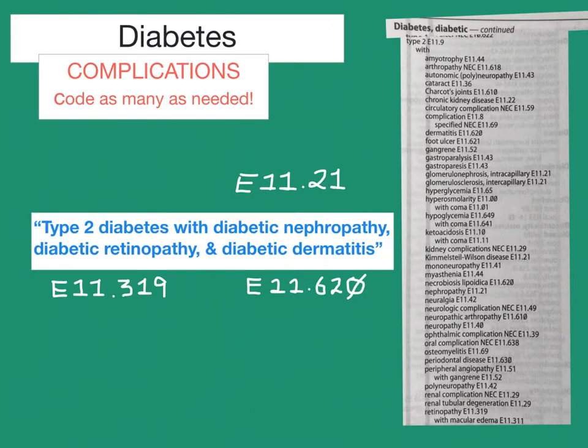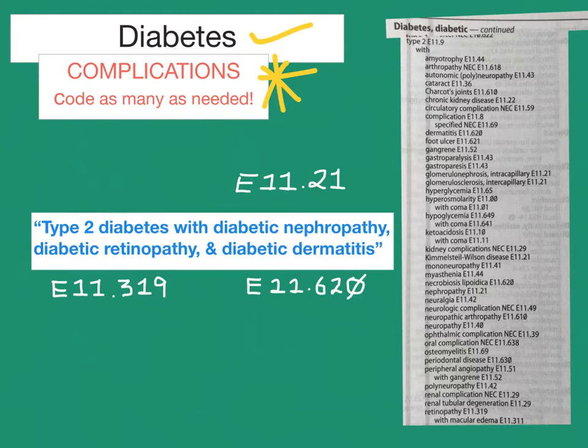When coding for diabetes, it is imperative to note that many complications often arise from this diagnosis. For this reason, it's important to assign as many codes as necessary to identify all of the complications that a patient may be experiencing. So code as many as needed based upon the documentation.